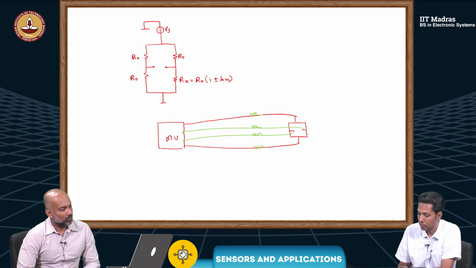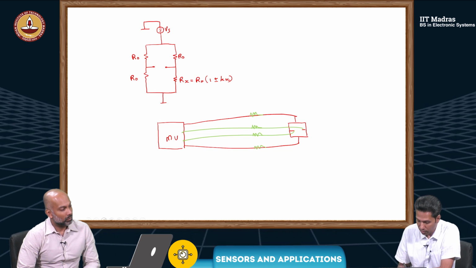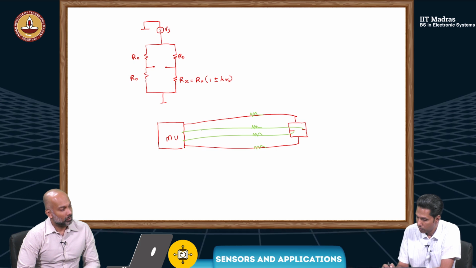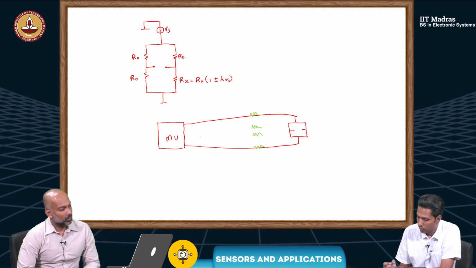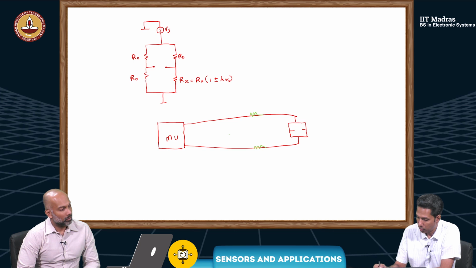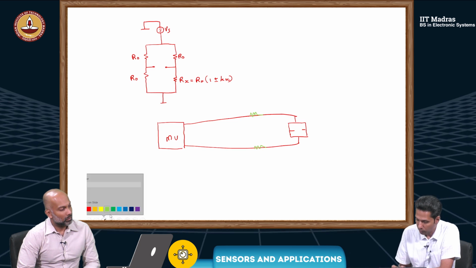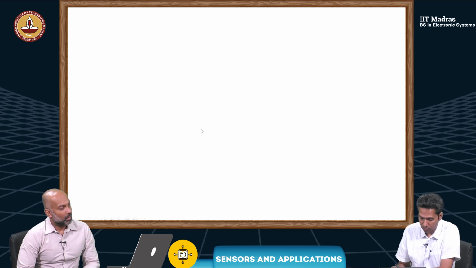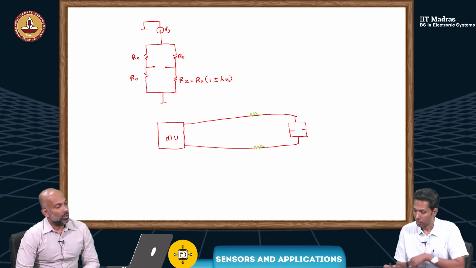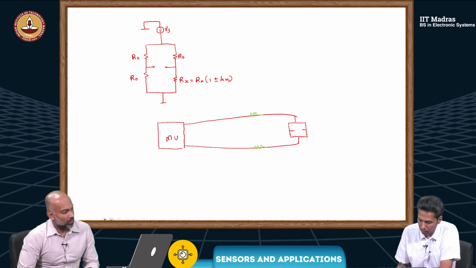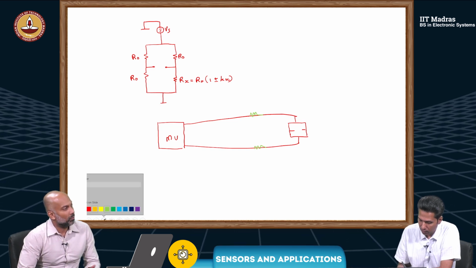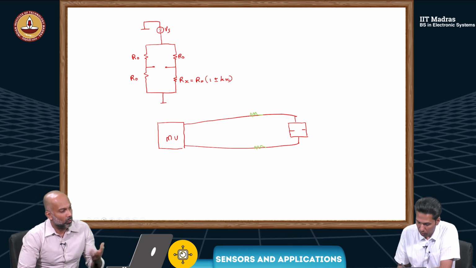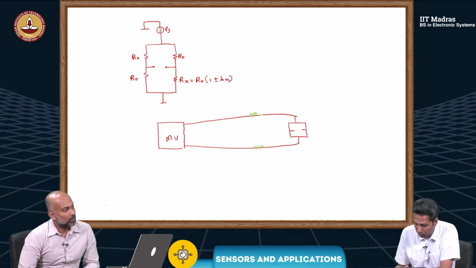So far we were using a supply voltage, excitation voltage, and another voltmeter to measure. That's what we have shown here. Actually, I had some problem there itself.